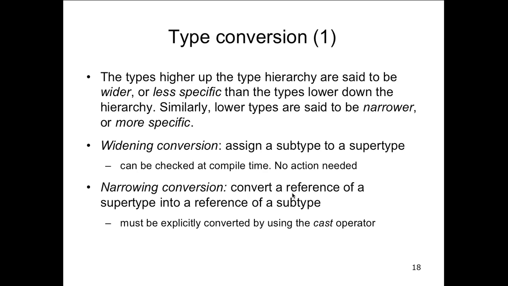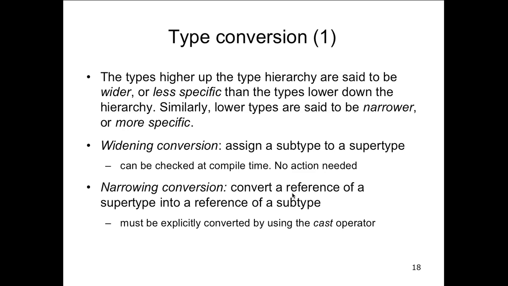The types higher up the type hierarchy are said to be wider, or less specific, than the types lower down the hierarchy. Similarly, lower types are said to be narrower, or more specific.